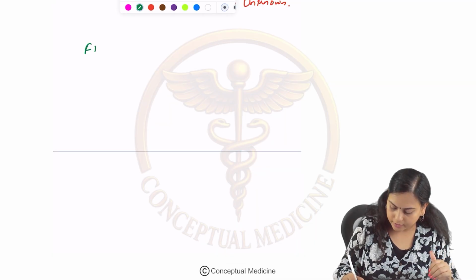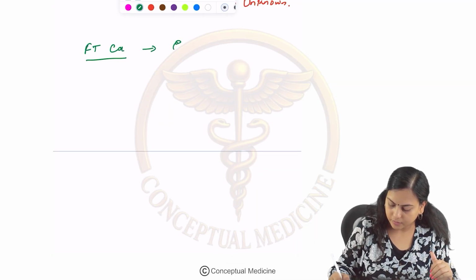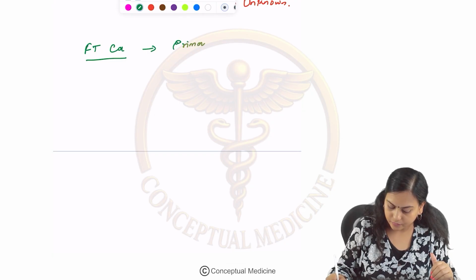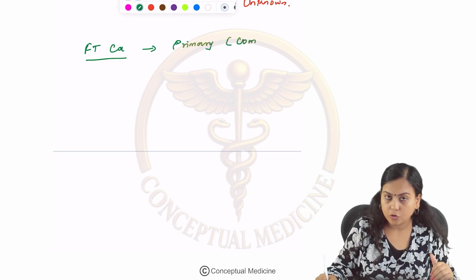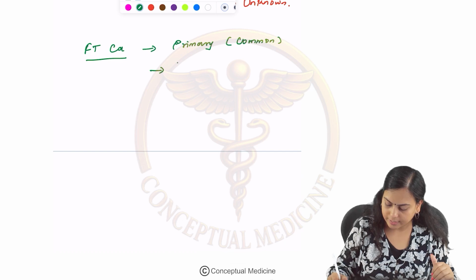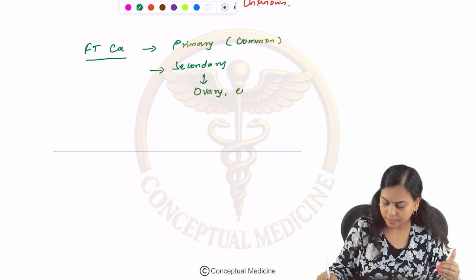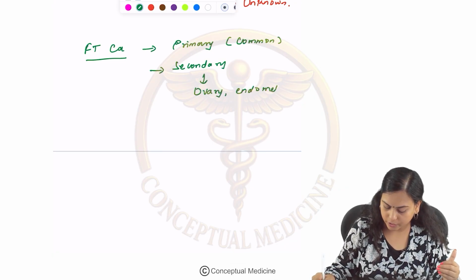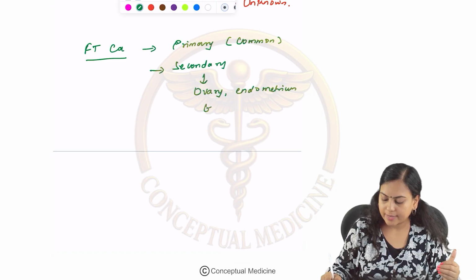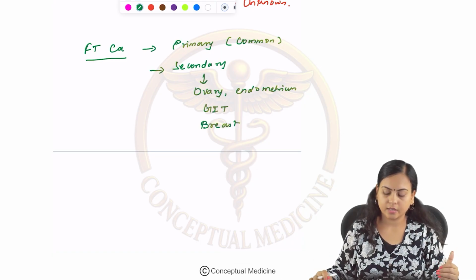So, fallopian tube cancer can be primary, which is more common, or it can be secondary also, where the site of origin can be ovary or endometrium or even gastrointestinal tract or even breast. Clear?